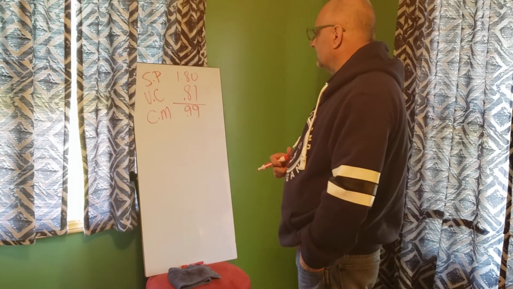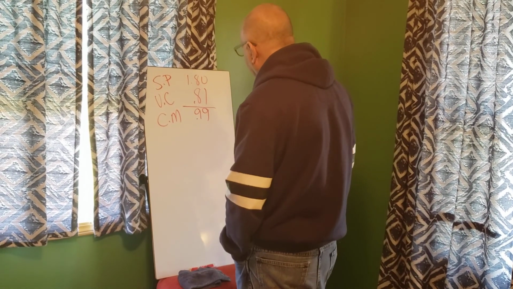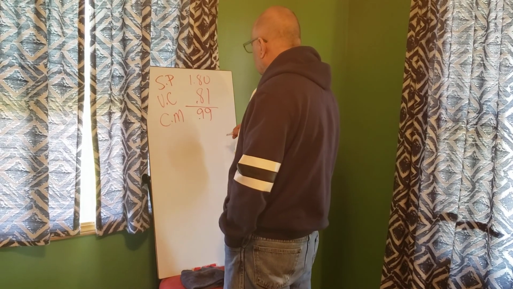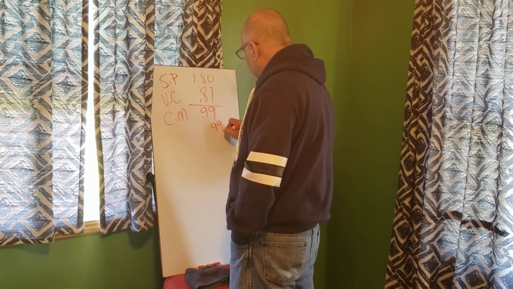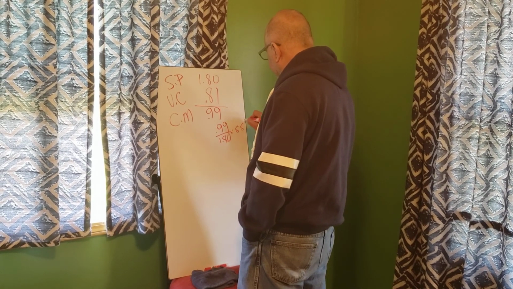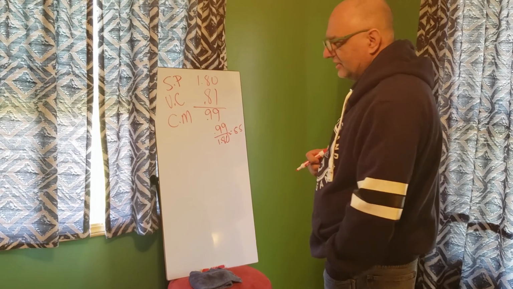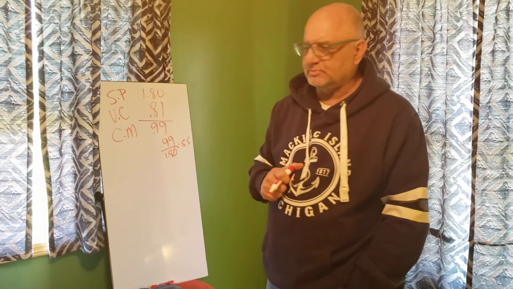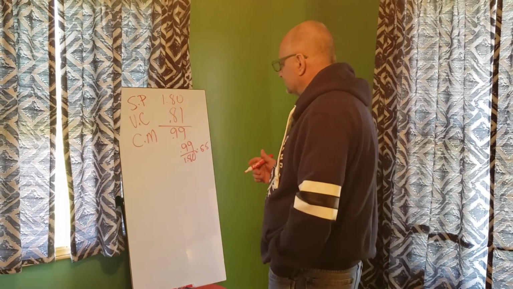Now, if we wanted to come up with a contribution margin ratio, we would just take 0.99 divided by 1.80, and we would get 55%. So when they ask you for the contribution margin ratio, it's really that simple.